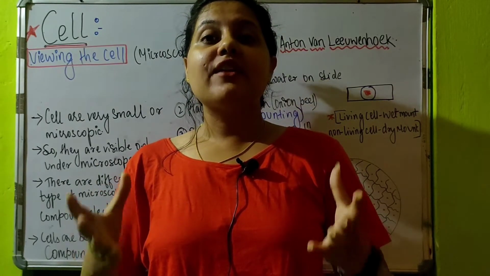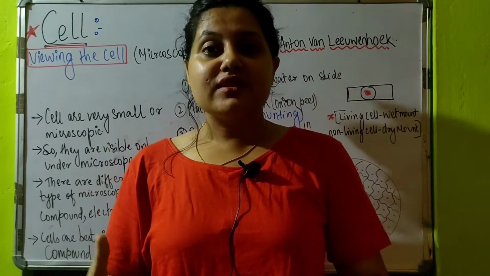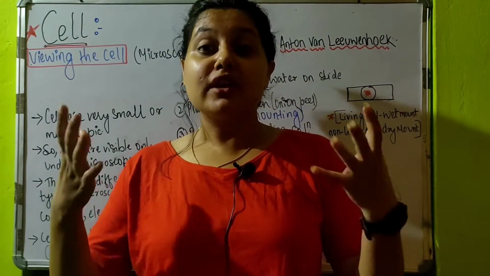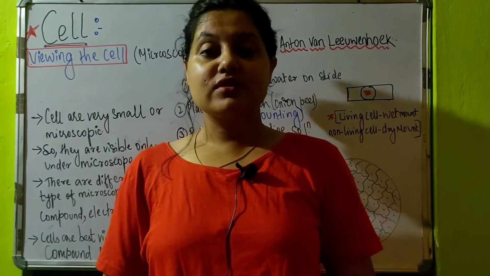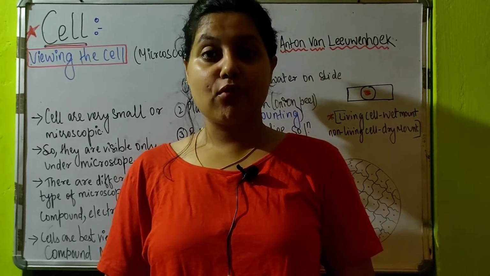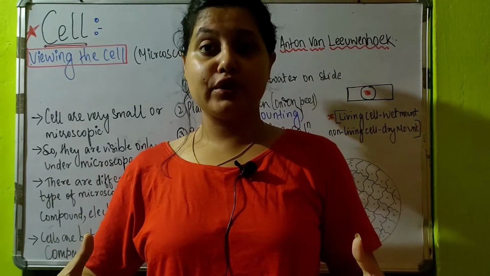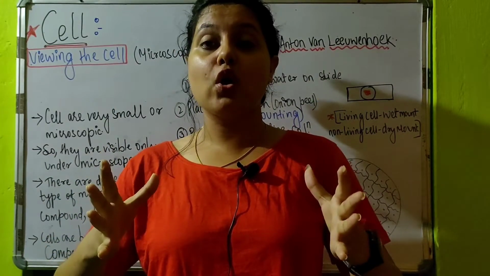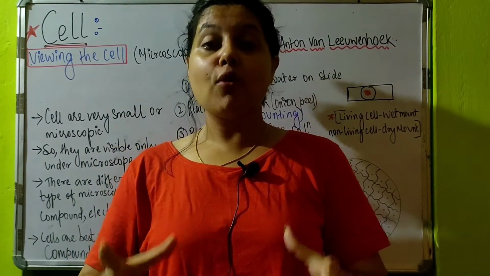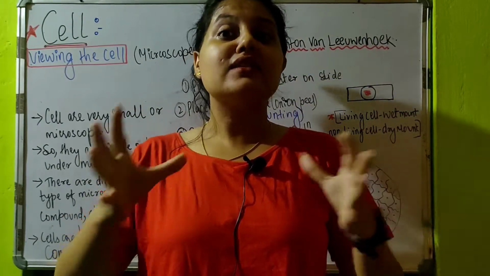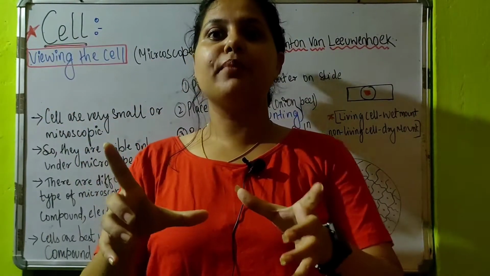So that we can find different kinds of disease conditions, so that we can know the metabolic processes going on inside our body. That is why all these things are very important to us. I hope you got the importance of the microscope and the importance of knowing the cell in a deeper way.